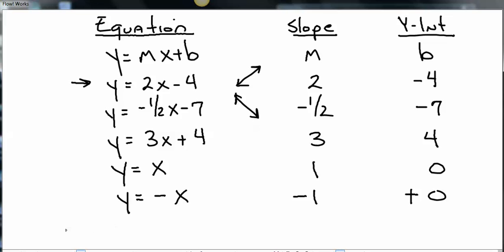Okay, now I need you to look at page 330. Problem 3. Writing an equation from a graph. Now they give you a graph of a line.